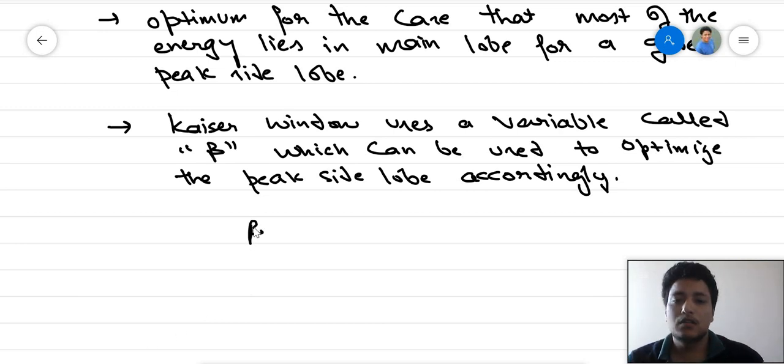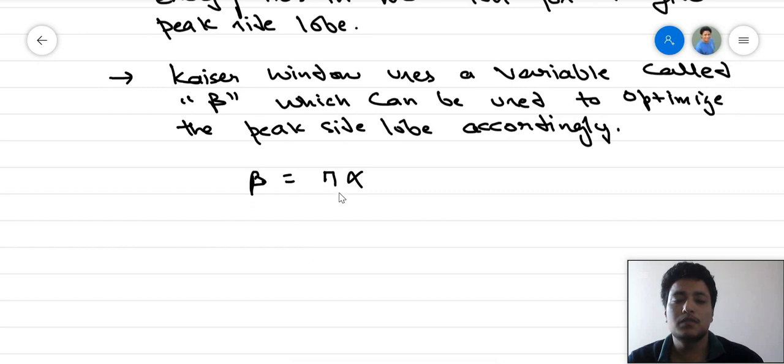Beta is given as pi into alpha. Sometimes it is directly written in the formula in terms of pi into alpha, sometimes directly in terms of beta.